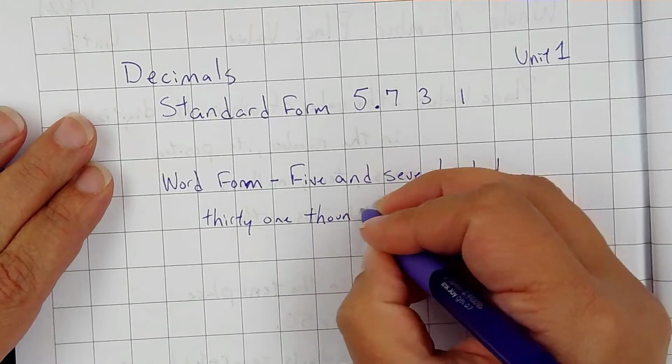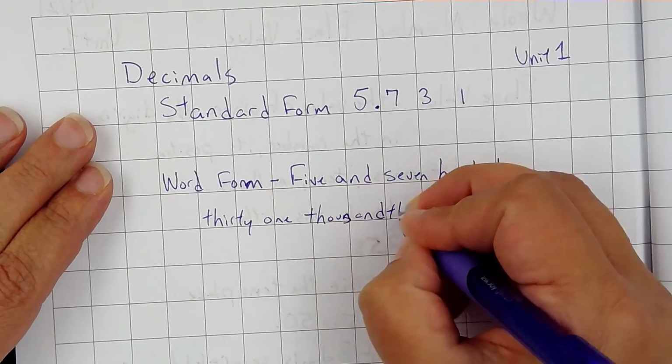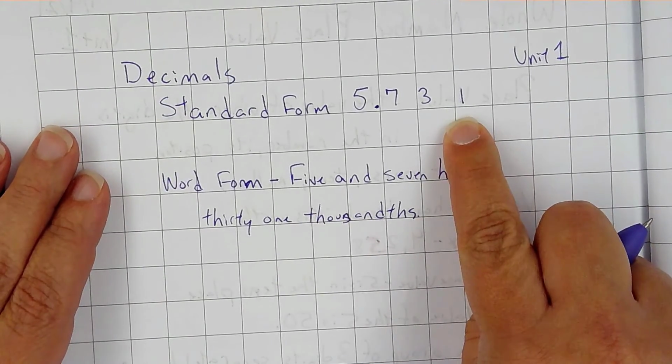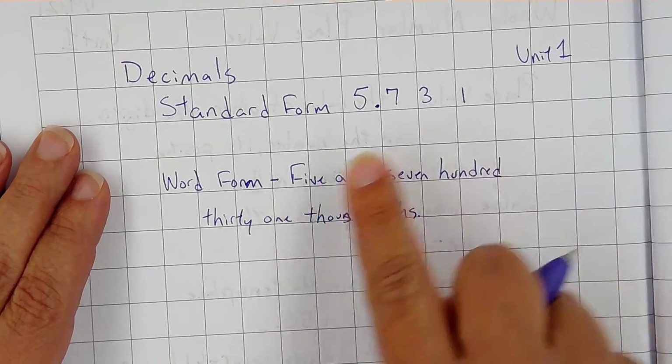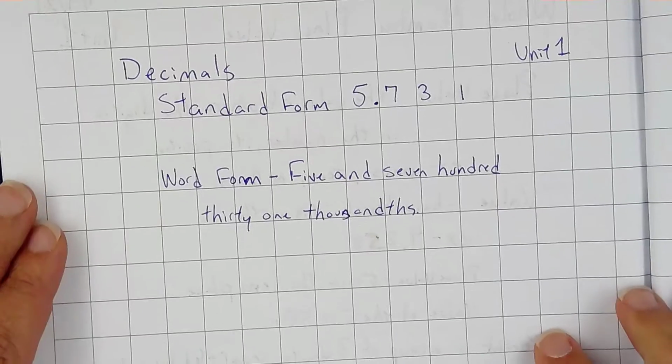So I'd end with the place value that it's in. So 5 and 731 thousandths. Word form: 5 and 731 thousandths.